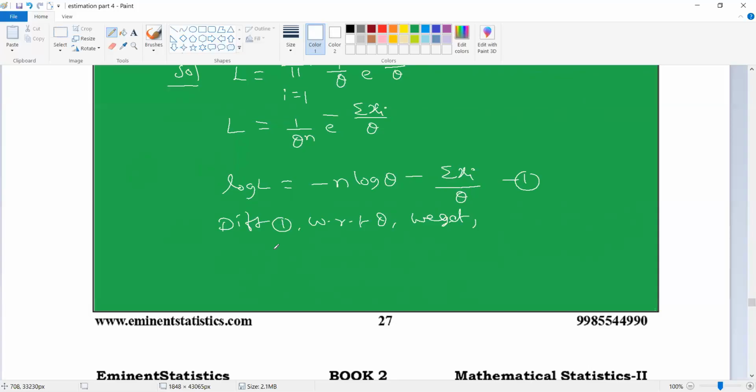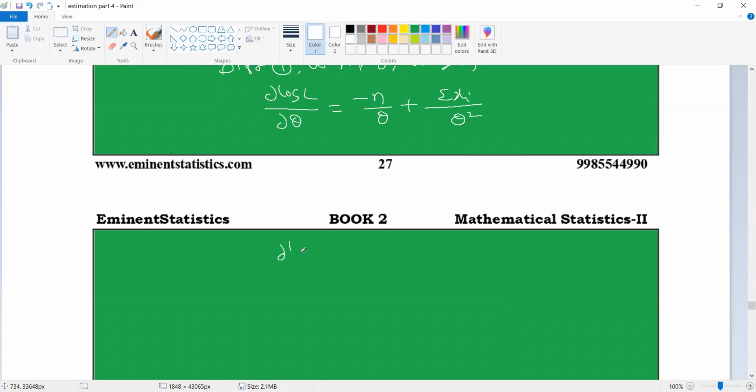We get dou log L by dou theta is equal to minus n by theta plus summation xi into the differentiation of 1 by theta, which gives by theta square.